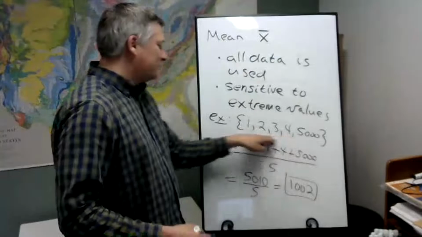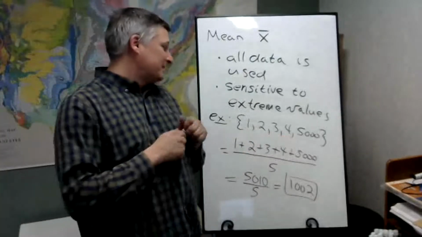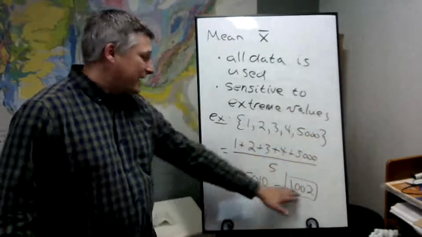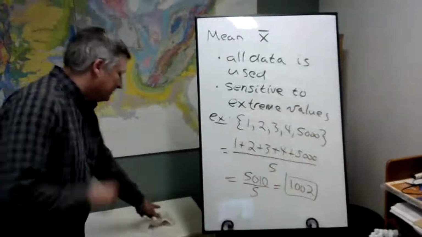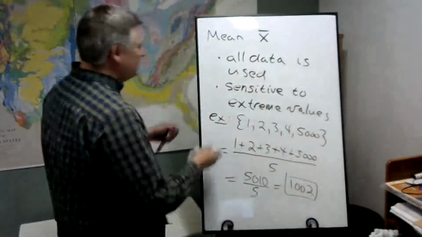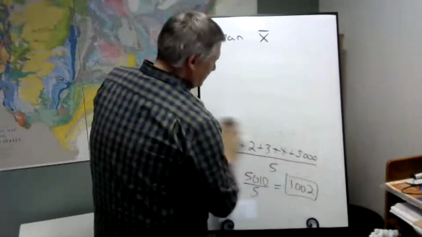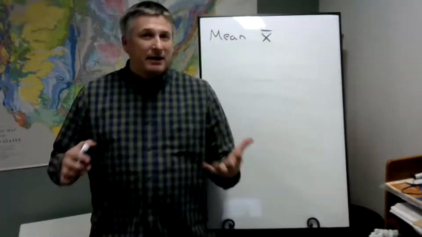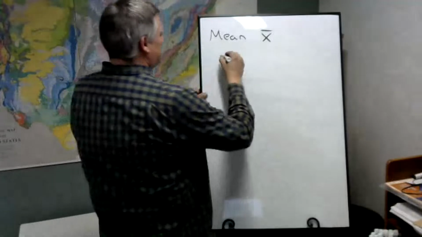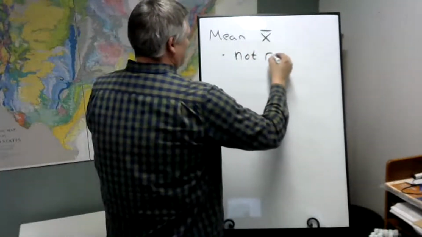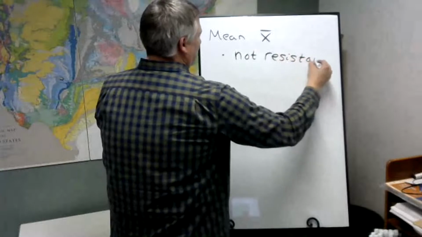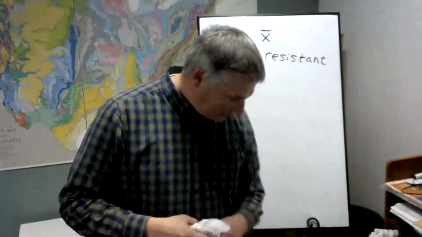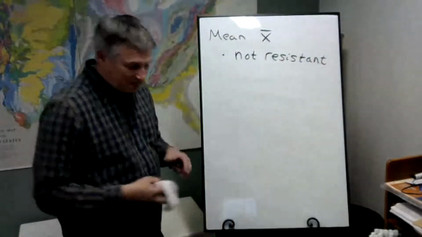So the average value is 1,002. Even though only one value has this higher order of magnitude, it has an enormous impact on the mean. So when you have something like this that's affected by an extreme value, we say that it's not resistant. All right, so that's the idea of the mean.